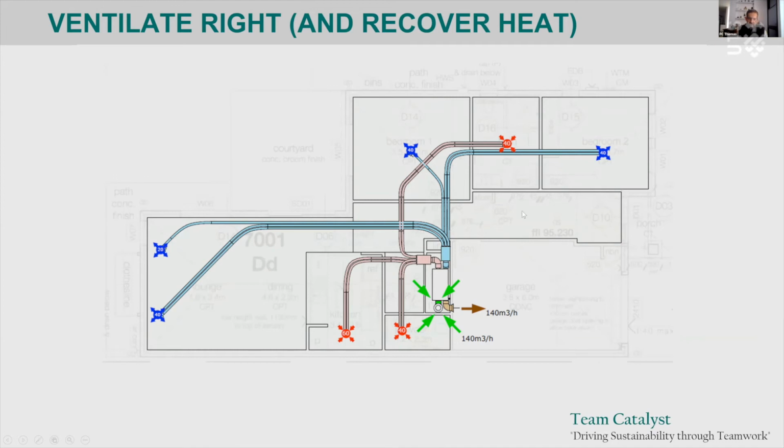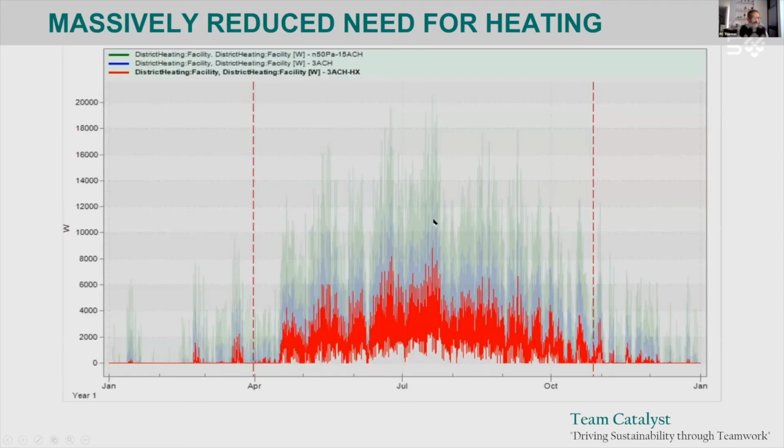So in winter time, the cold air that you bring from the outside goes past the heat exchanger, picks up the heat from the air that you're exhausting, right? When you do that, by just using the heat recovery, you bring it down from a peak of 13 kilowatts down to 9 kilowatts. Okay, so all this is from the models.